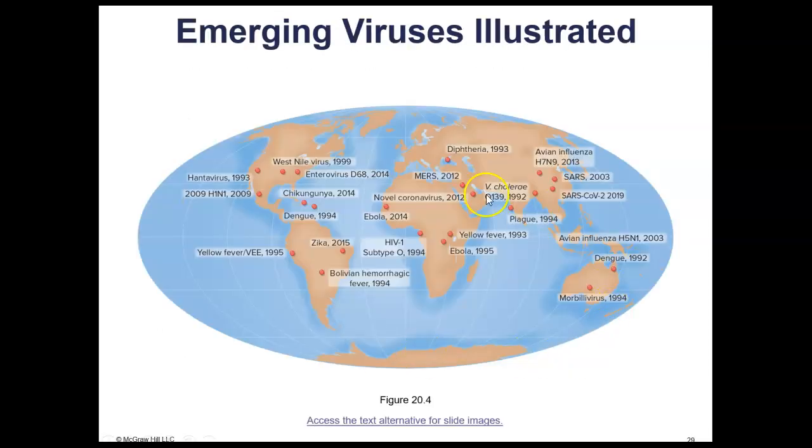This shows you an illustration of emerging viruses. These are in the 90s, and then we also have some 2014 and as high as 2019, which we know is SARS-CoV-2, which causes COVID-19. Okay, and it was named COVID-19 because it did begin in 2019.